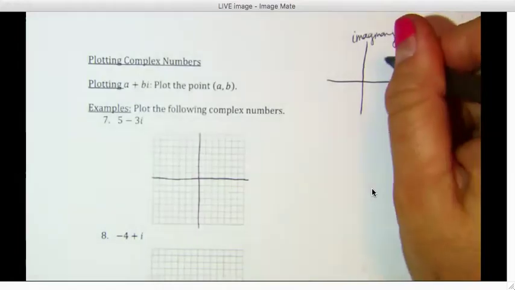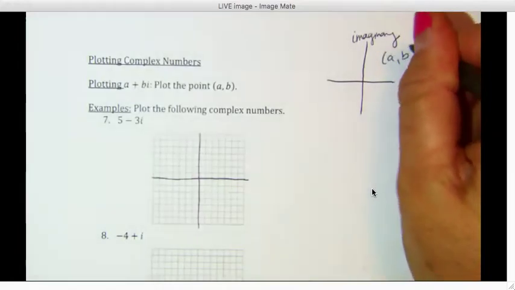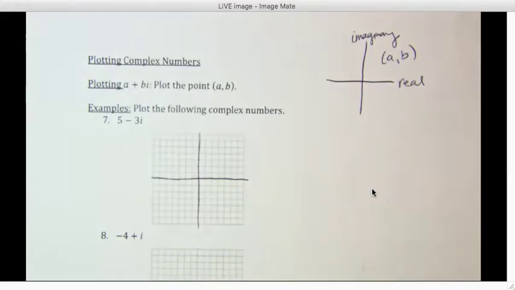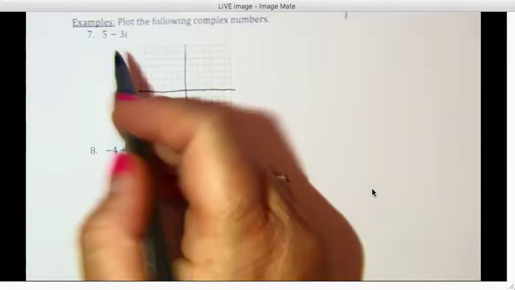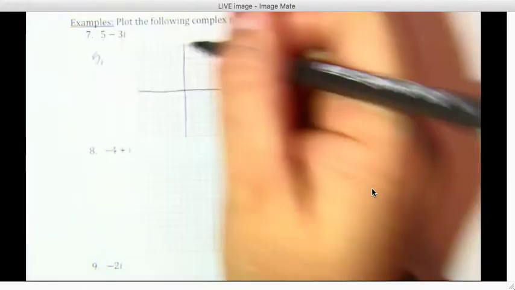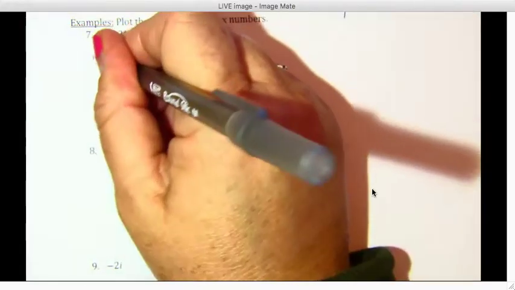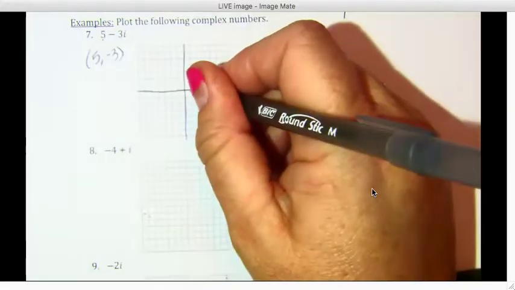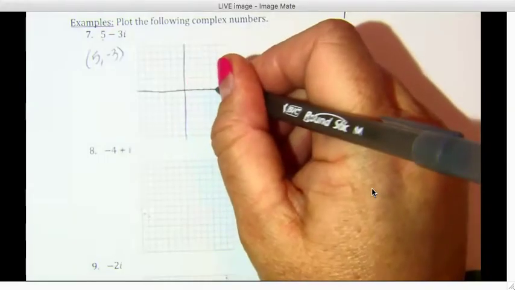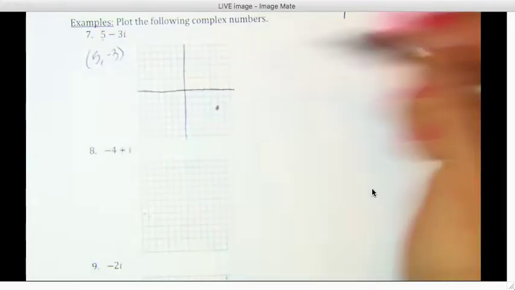And so our points will be like points a, b, with the real part and the imaginary part. So looking at this first example, the real part is 5, and the imaginary part is negative 3. And so it's like plotting the point 5, negative 3. So 1, 2, 3, 4, 5, negative 3. And that's where that point would be.